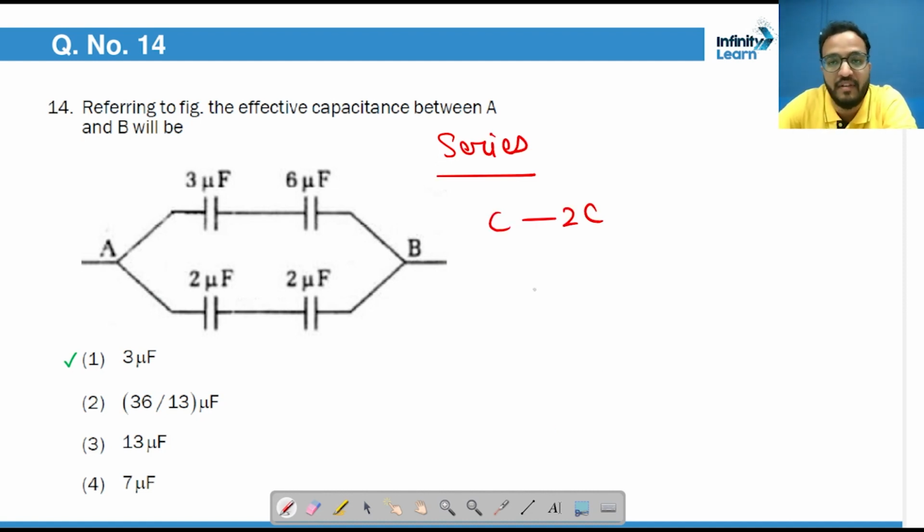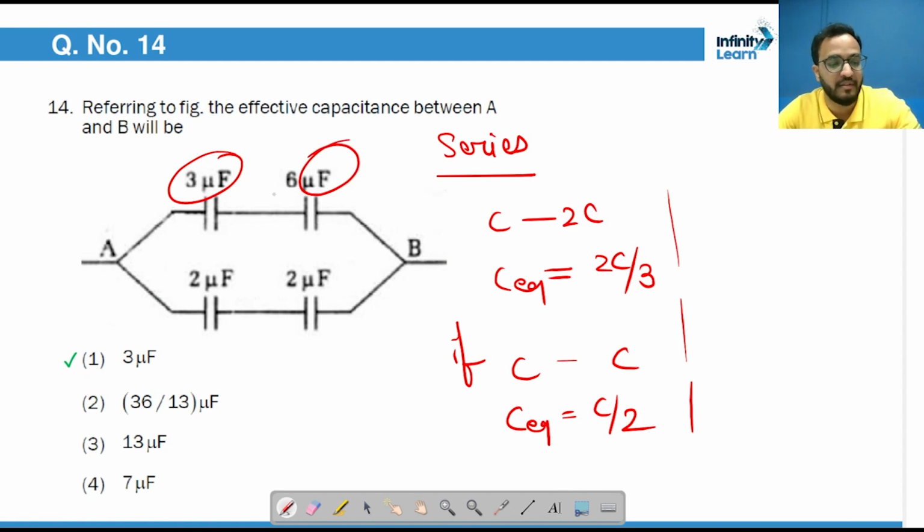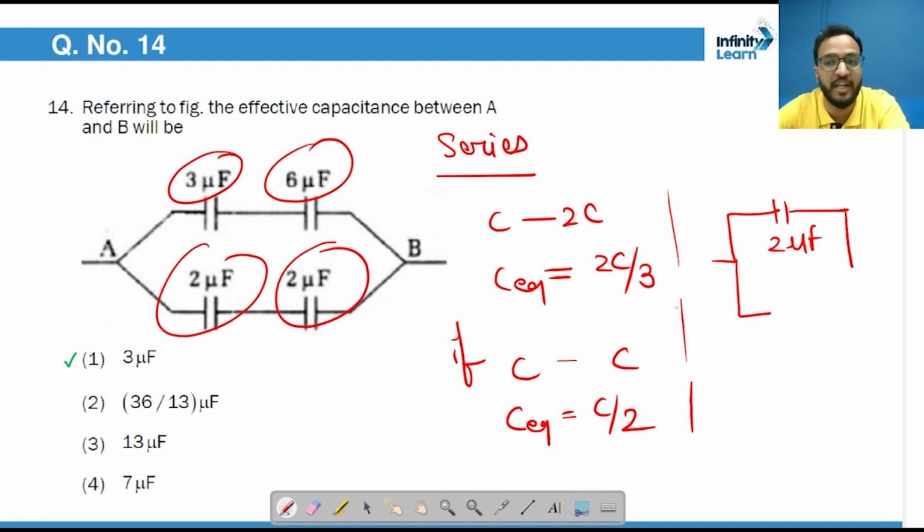If C and 2C are given, then C equivalent is 2C by 3. And if C and C are given, then C equivalent will be C by 2. Got it? So we will use this logic. For 3 and 6, they are in series, so the answer will be 6 by 3, that is 2 microfarad. And what about 2 and 2? 2 and 2 will be 2 by 2, that is 1.